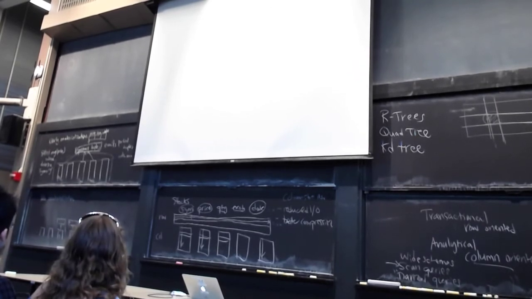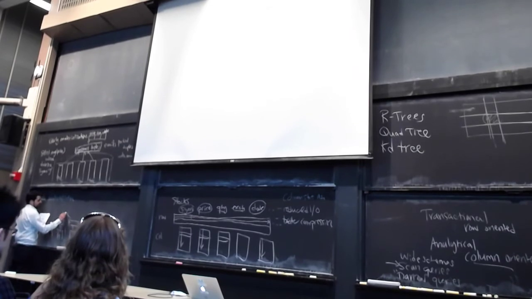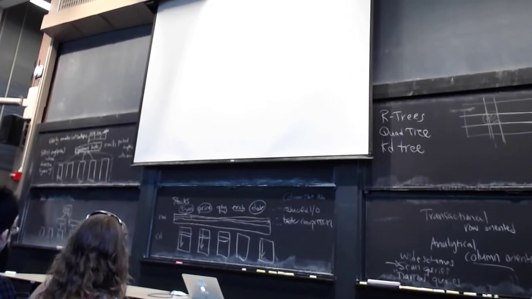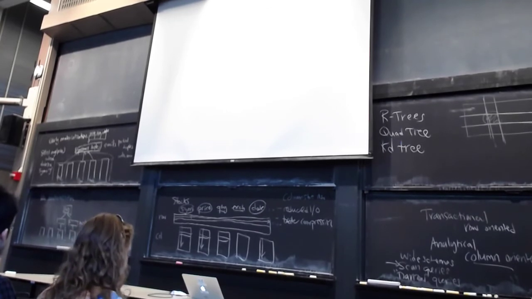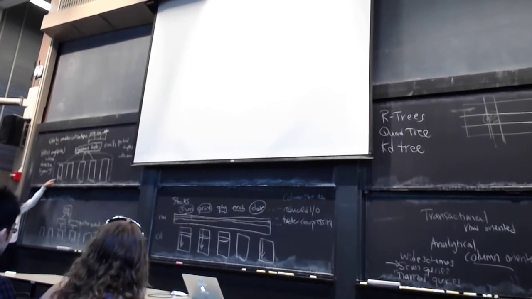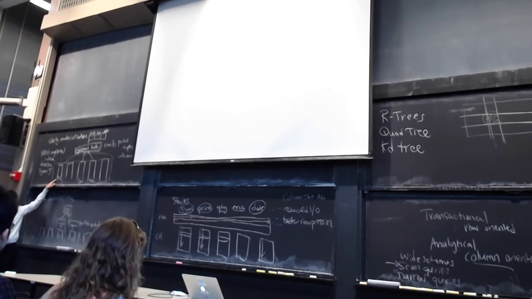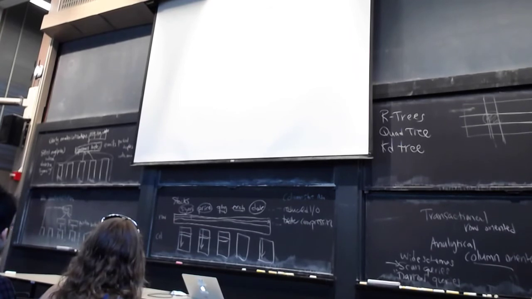Then I can combine these bitmaps with a bitwise AND operator to produce the bitmap of all the records in the price column that satisfy the predicate. Then I can go back to the price column and pick up all the records that satisfy this predicate. Does that make sense?